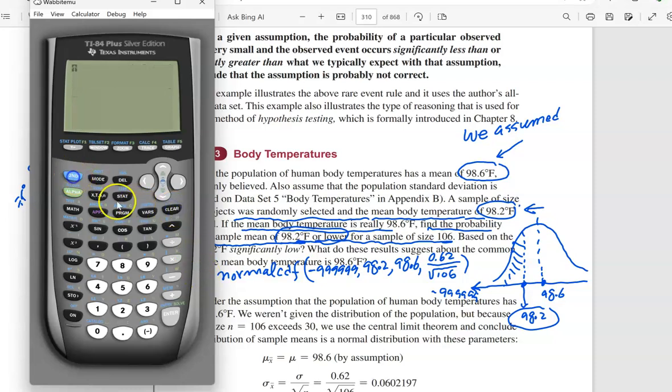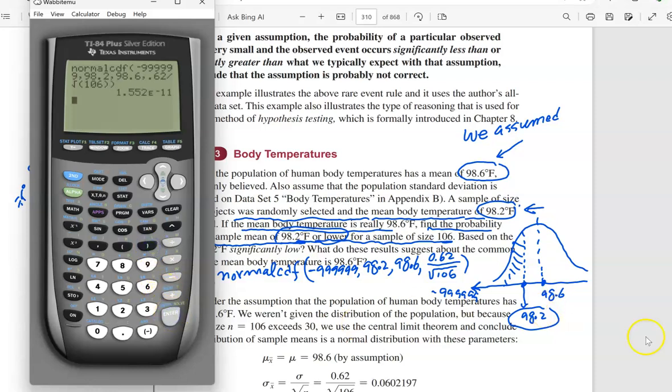Normal CDF, second bars, and then go to number 2, normal CDF, and then negative 999,999, comma, 98.2, comma, 98.6, comma, 0.62, divided by square root of 106. Okay, close the smaller parenthesis and close the large parenthesis.